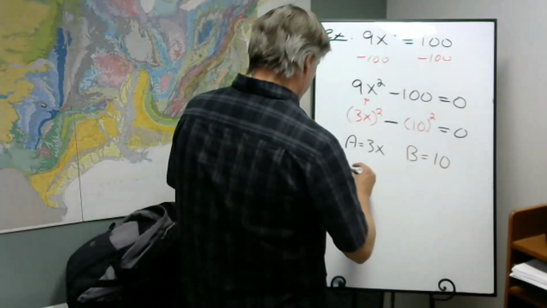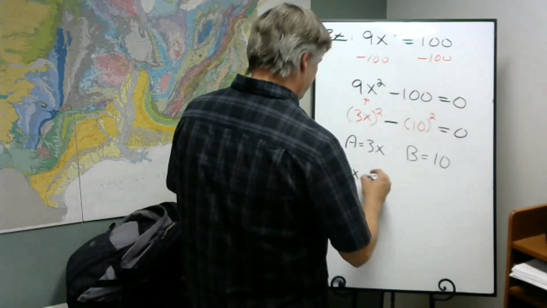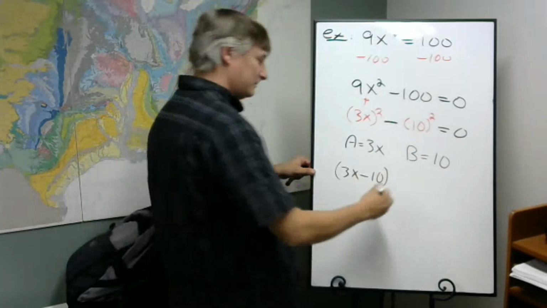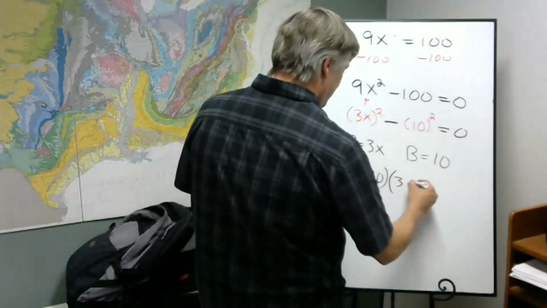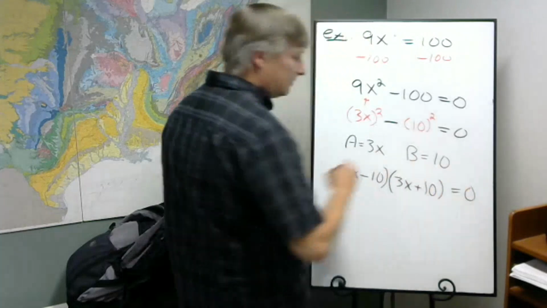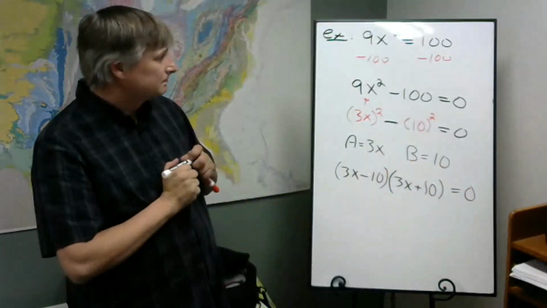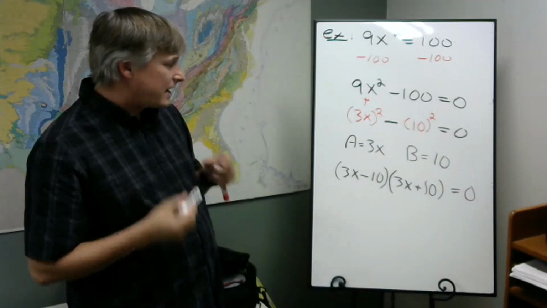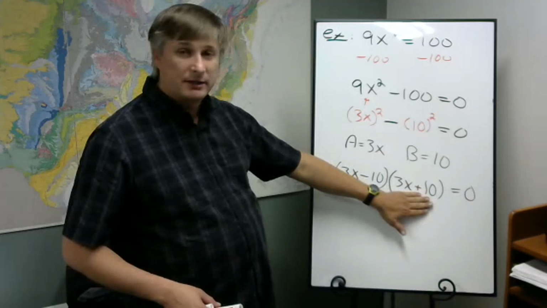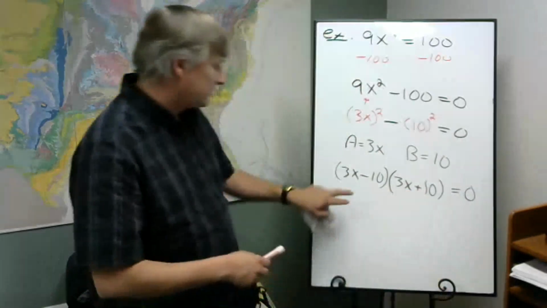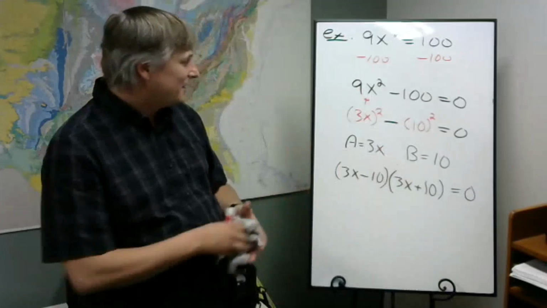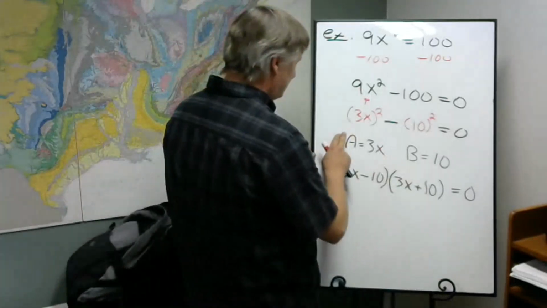So we'll get 3x minus 10, or A minus B, times A plus B. There's A plus, there's B, and it's still equal to 0. So now we've got to solve A minus B equals 0 and A plus B equals 0.